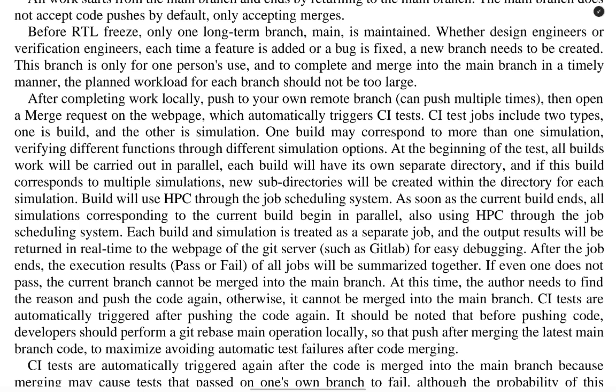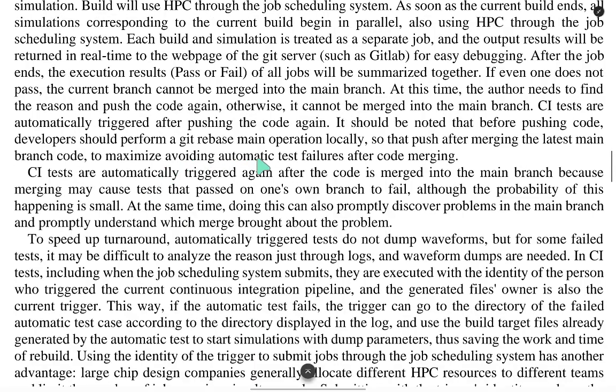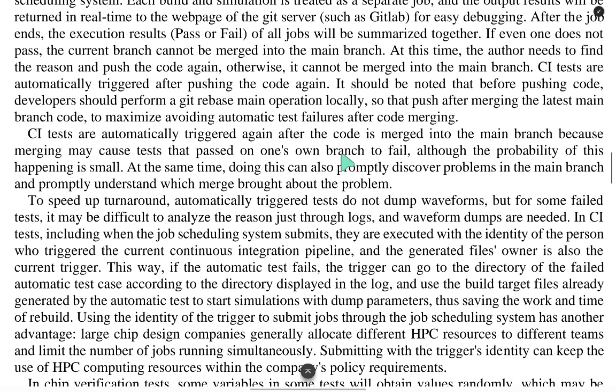So it should be noted that before pushing code, developers should perform a git rebase main operation locally, so that the push happens after merging the latest main branch code, to maximize avoiding automatic test failure after code merging.